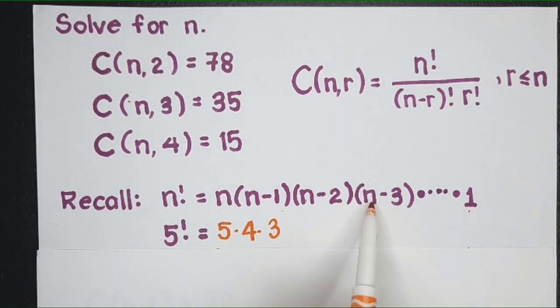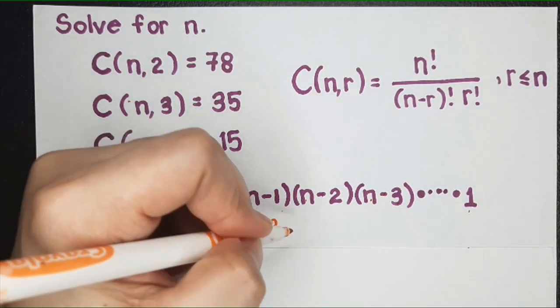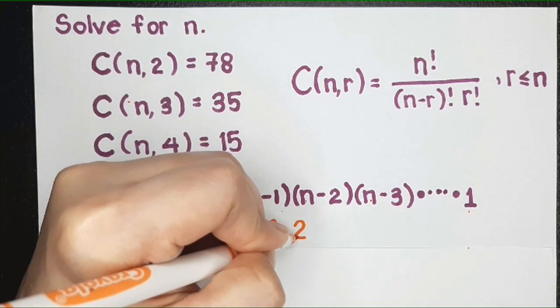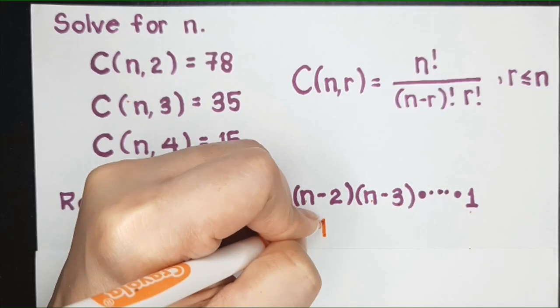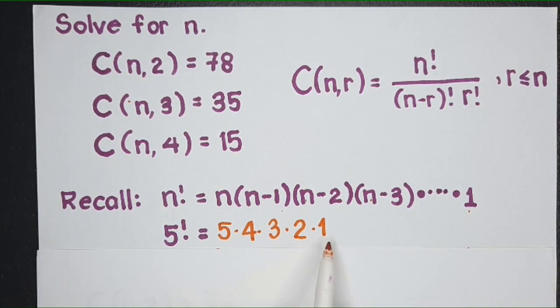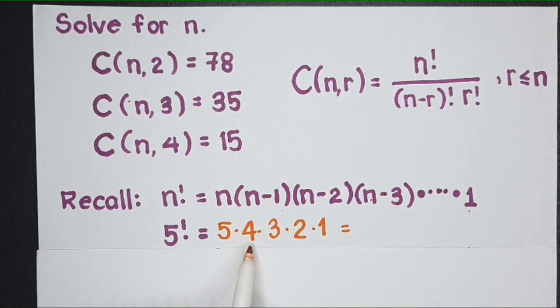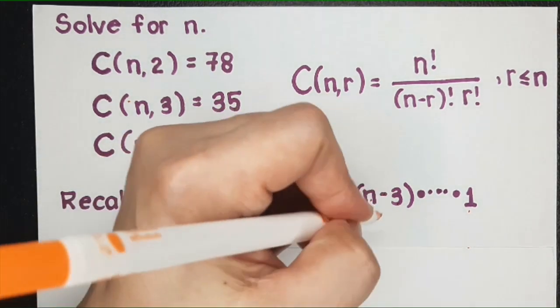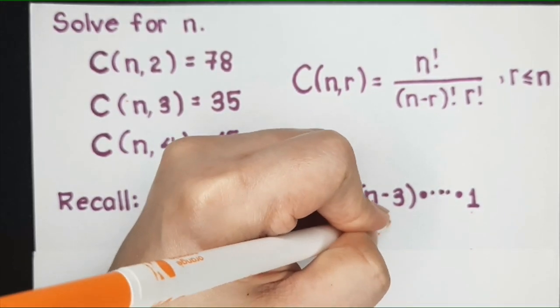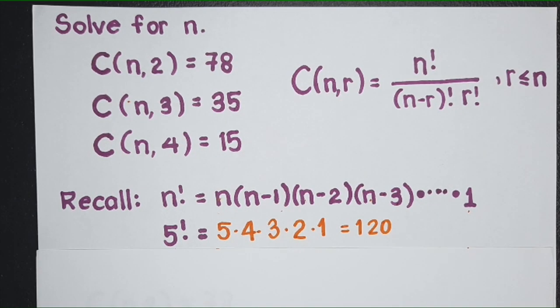And then, what is 5 minus 3? It is 2. Tapos, ang sunod na dito, 1. Tapos na. Kapag naging 1 na, tapos na. So, that's why 5 factorial is equal to what? What is 5 times 4? 20. 20 times 3, 60. 60 times 2, you will get 120. Alright? So, again, ganito ang ibig sabihin ng n factorial.